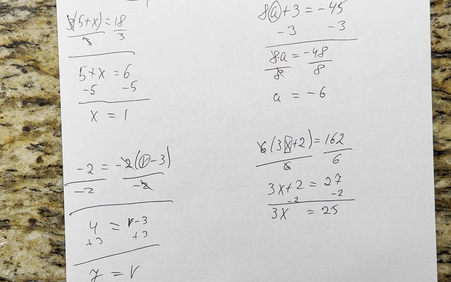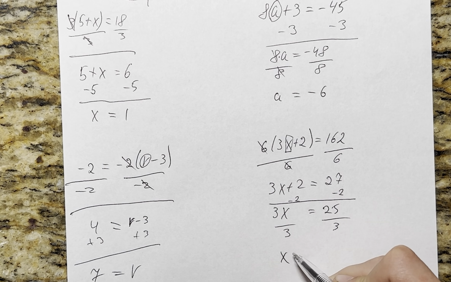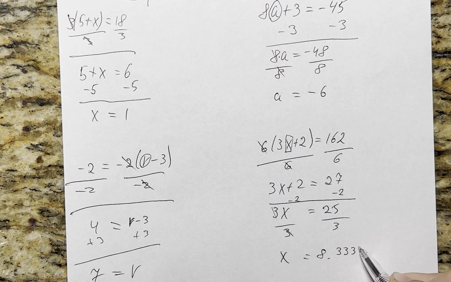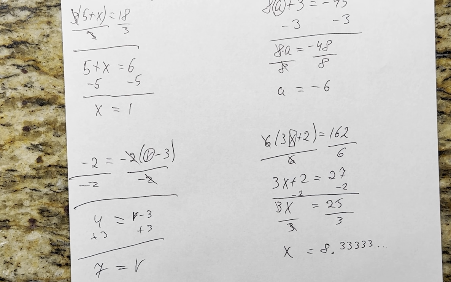And now you can divide each side by 3. What I'll get is x by itself, because these two cancel, and then 25 over 3 is 8.3 continuously. Right, that's your answer.